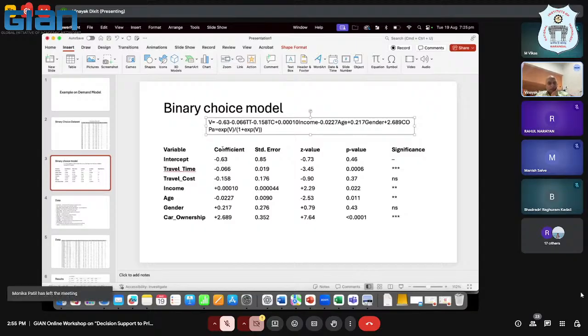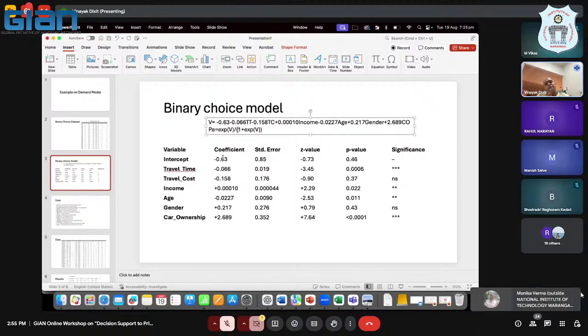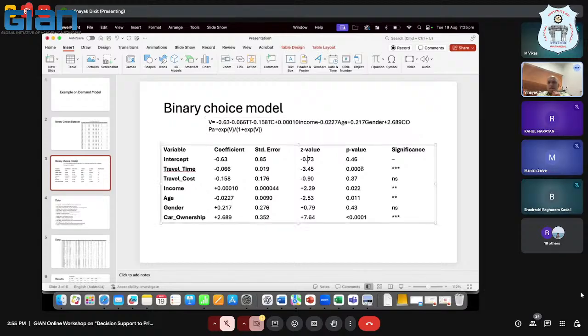Now, how do we know which variables are important and which are not? For that, we generally look at something called the Z value or the P value. If my P value is less than 0.05, which is at 95%, it is significantly different from 0.